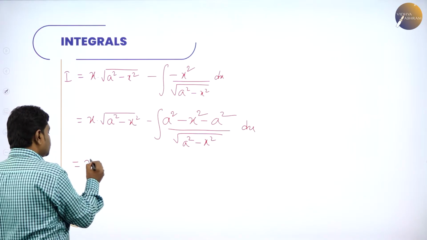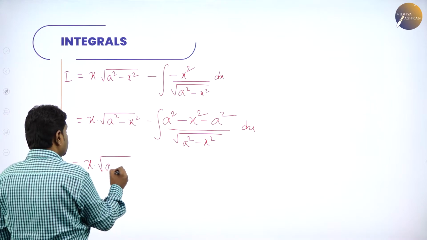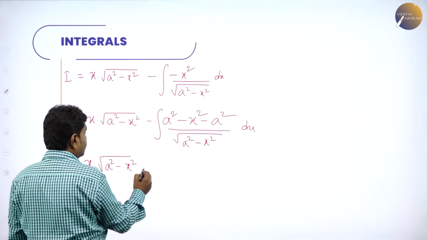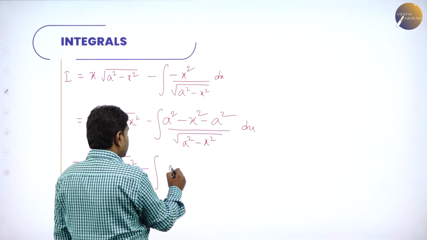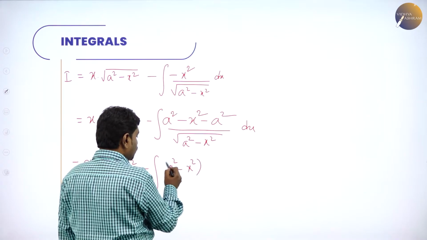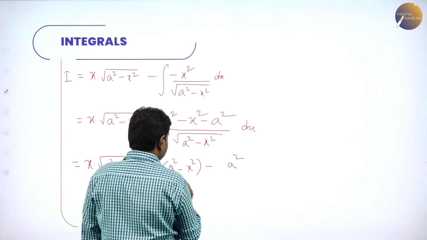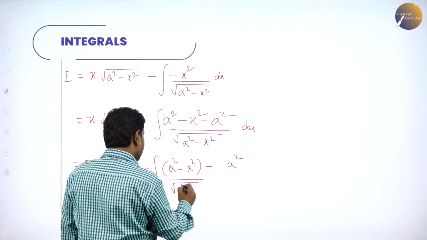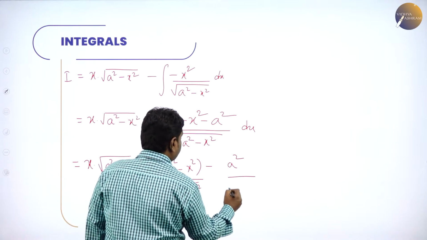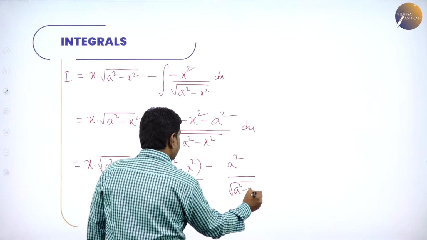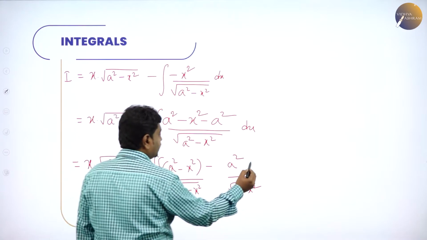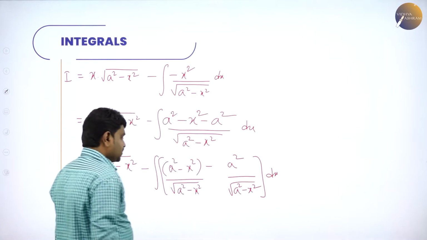When you split the terms you will get x into root of a square minus x square minus, after splitting, a square minus x square as one group, minus a square the other, divided by root of a square minus x square, with respect to dx. Now simplify this further.